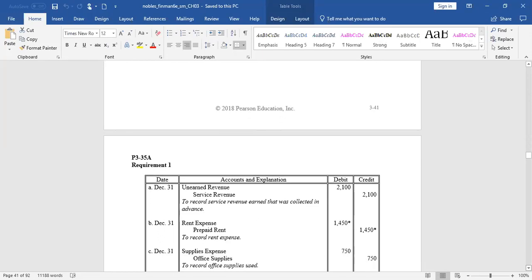So they're telling us how much to expense of the office supplies. The other day we had to figure that dollar amount out. So there's two different ways these could be presented, and that's the tricky part of this chapter as well. So you want to debit supplies expense for the $750, credit the asset office supplies for the $750.